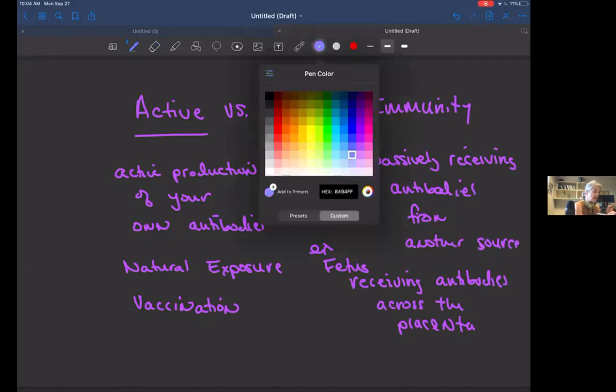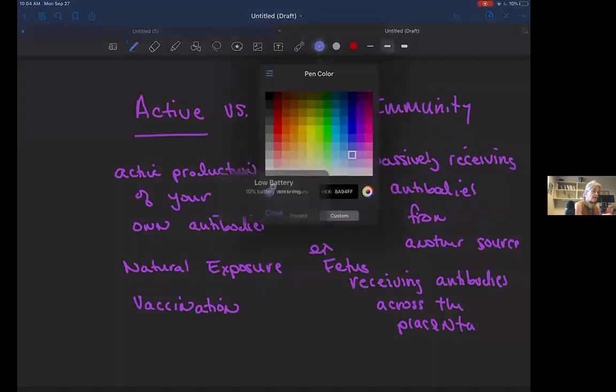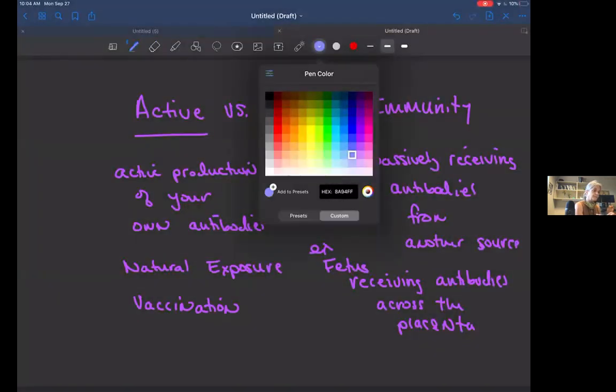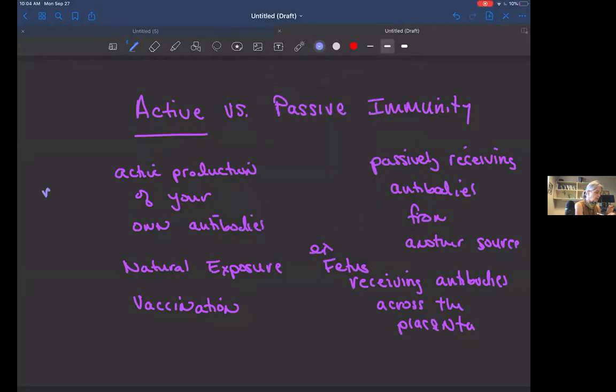So we would say in the active immunity, we have memory cells produced. And let me plug this in so I don't get shut off. Memory cells produced, and it is long acting, so it is long term.